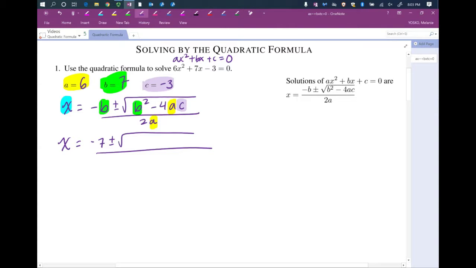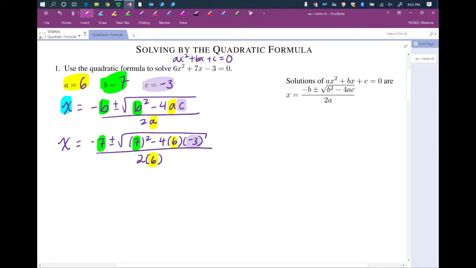Well, b is 7, so this is 7 squared minus 4 times 6 times negative 3. All of that is divided by 2 times a, so 2 times 6. Just taking a moment to color code this so you can see what we've done. Again, please be very careful. A lot of students want to put x's in here. No x's over here, just the numbers. The coefficients or the constant go on this side.